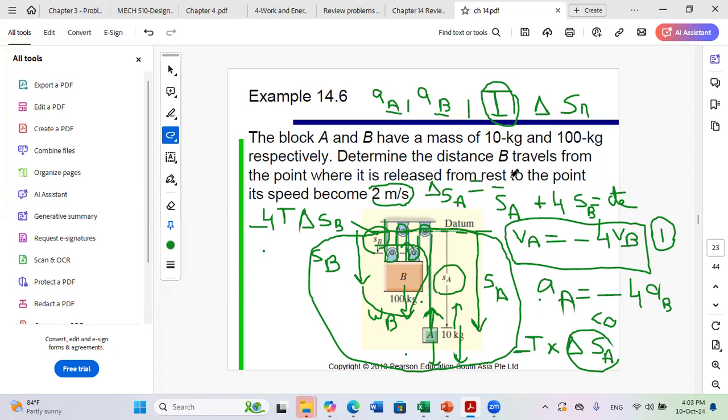If you replace delta SA by minus 4 delta SB in this equation, you will get that the work of tension at this level is plus T times 4 delta SB, while the work of tension on B level is minus 4T delta SB. So they will cancel out, and there is no need to consider them.